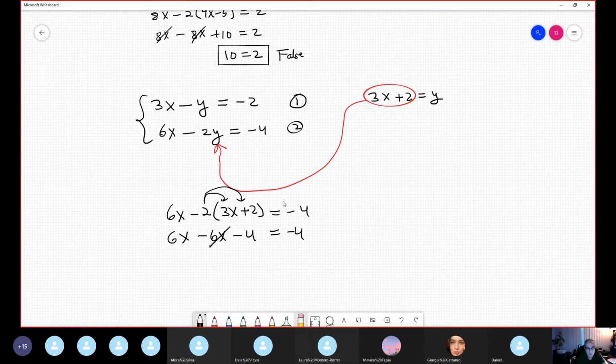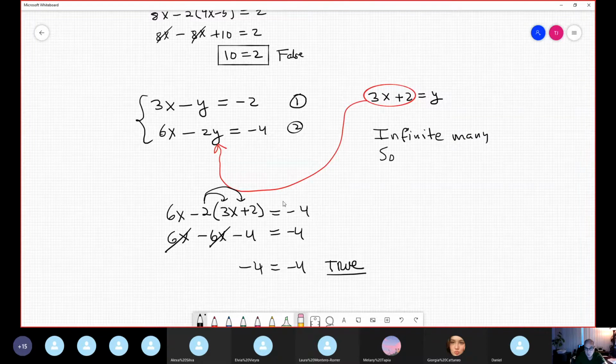Again, I cannot solve for x because it cancels out. But this is different. You have negative 4 and negative 4, because it's a true statement. And the interpretation is that we have infinitely many solutions. So this system has infinitely many solutions.